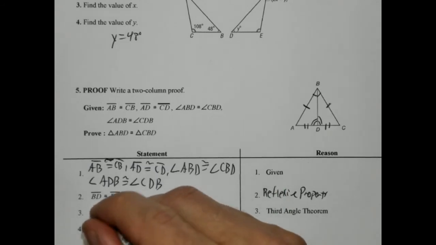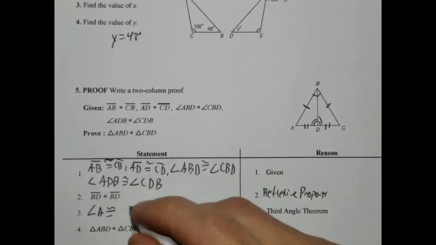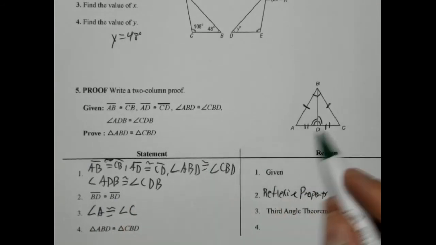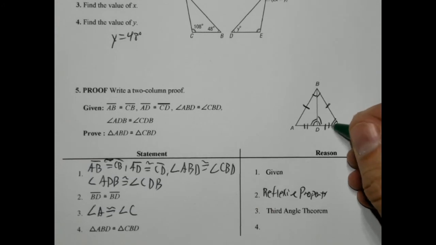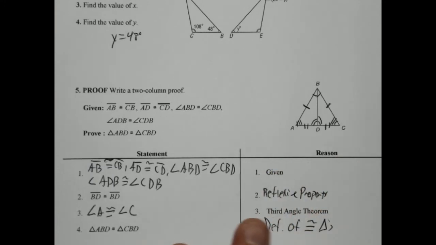So we're going to say angle A is congruent to angle C. And then we have all three angles, all three sides, so they have to be congruent. Definition of congruent triangles.